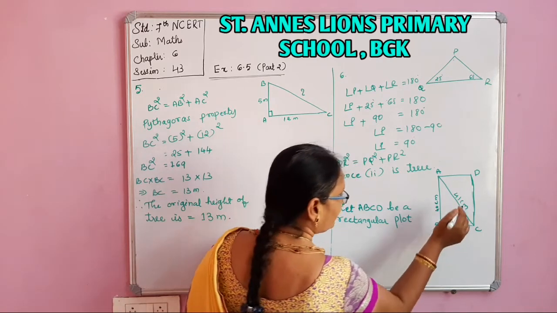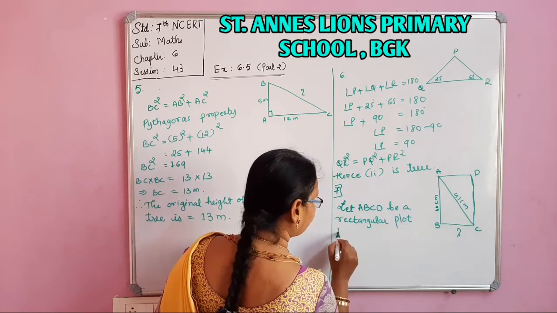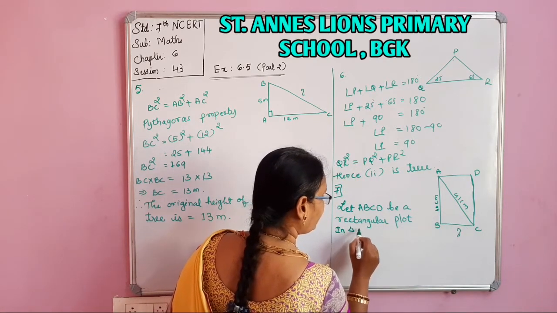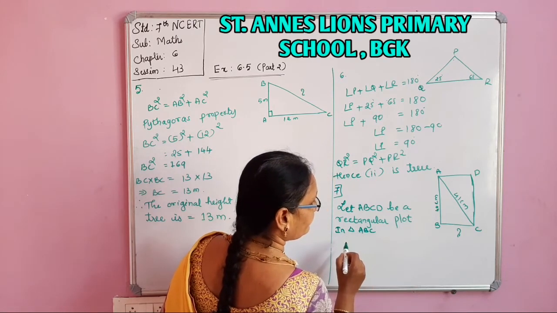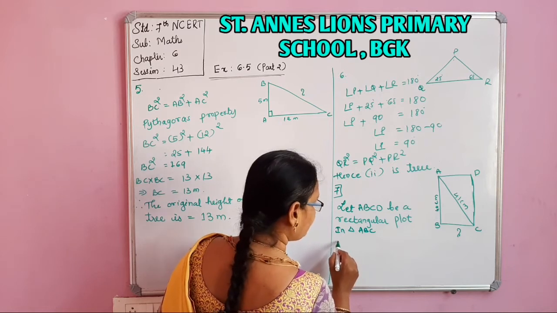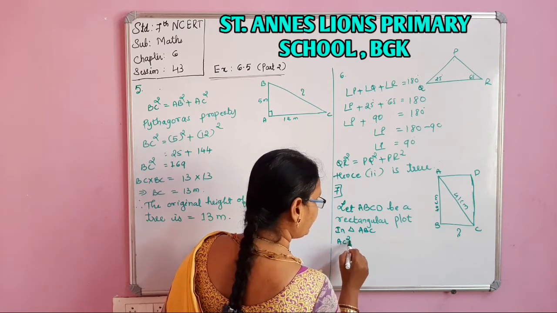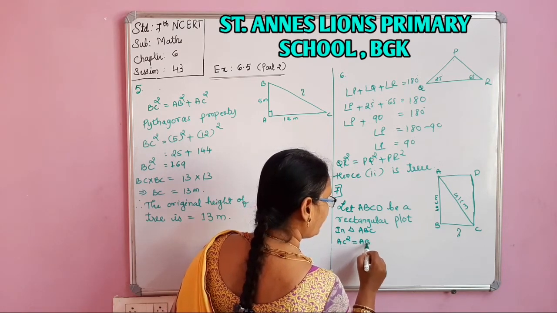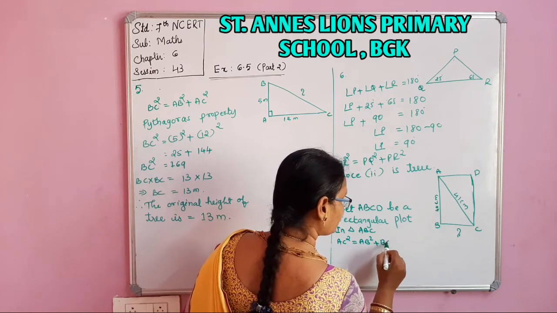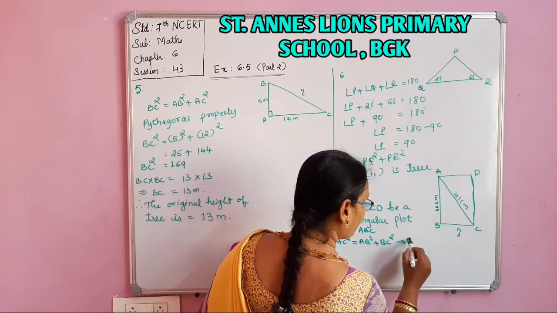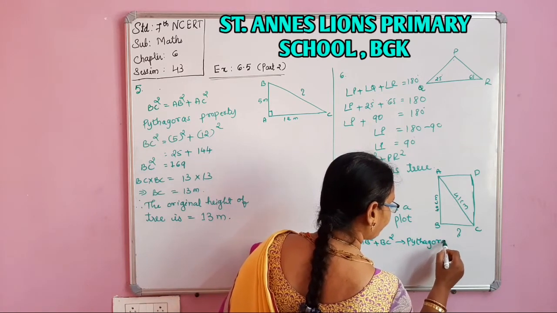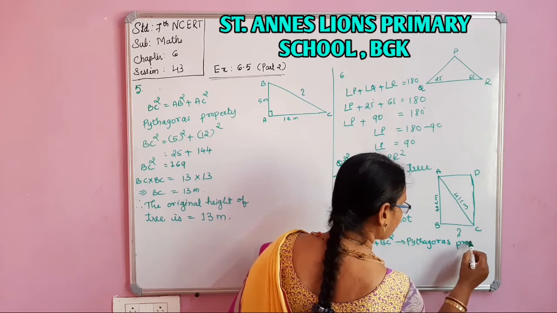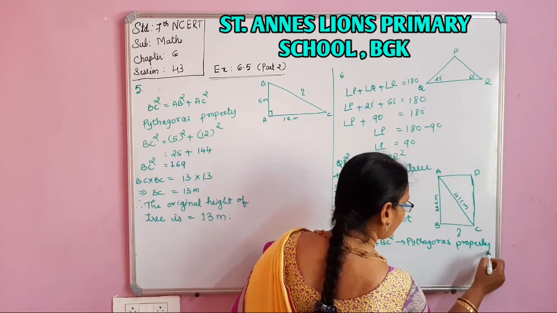See now, in triangle ABC, the hypotenuse is AC, no? AC square is equal to AB square plus BC square. This is by the Pythagoras property.